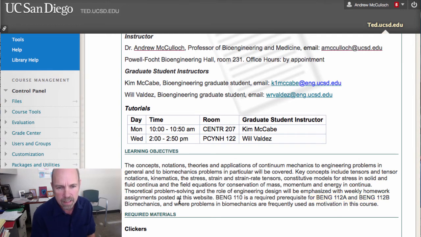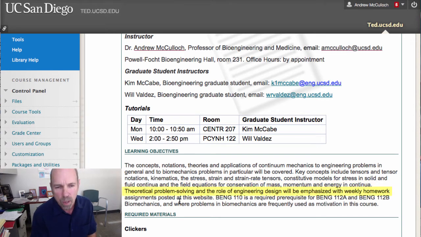So some of the key concepts that we'll be covering in this class include tensors and introducing tensor index notations and tensor object notations. We'll talk about kinematics, motion, strain rate, stress, constitutive models for stress in solid and fluid continua, and then we'll build up to deriving the field equations for the conservation of mass, momentum, and energy in continuum mechanics.